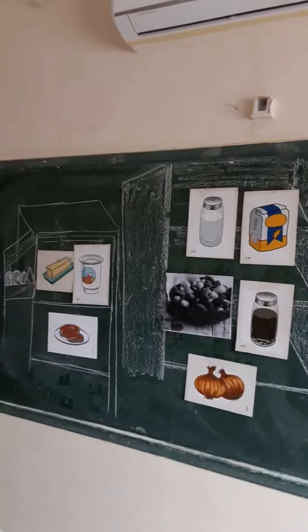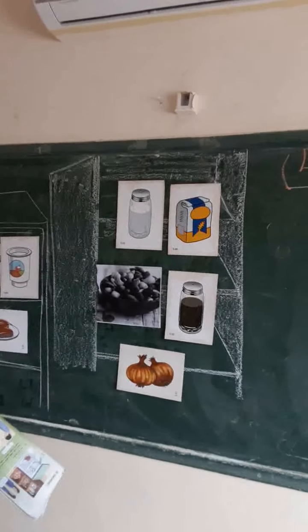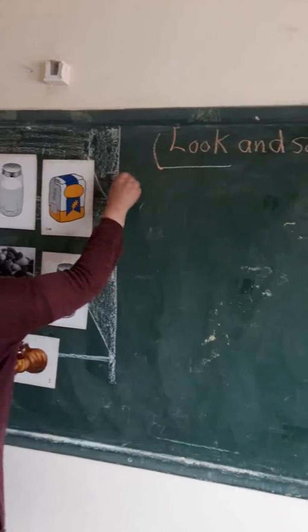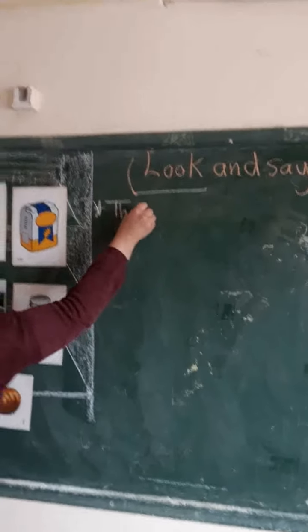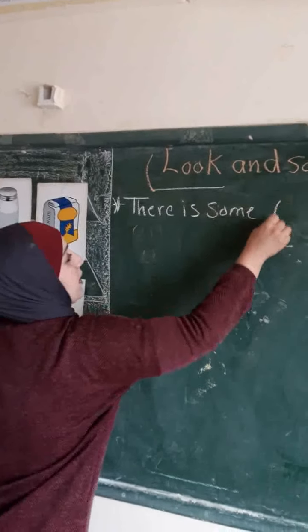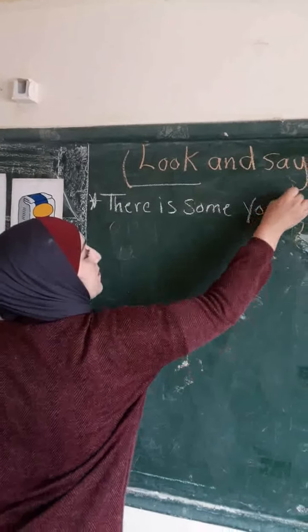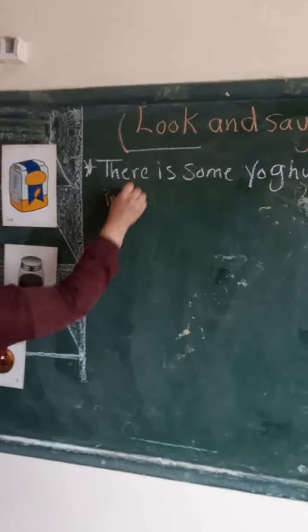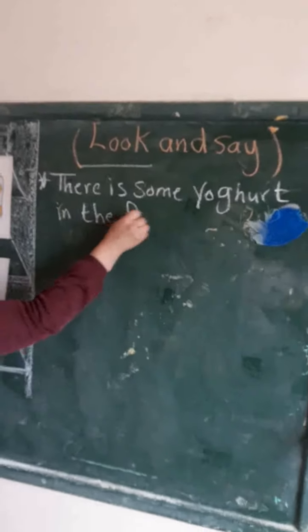Number 1. Yogurt. Singular or plural? Singular. So you have to write here, there is some yogurt. Where? In the fridge.